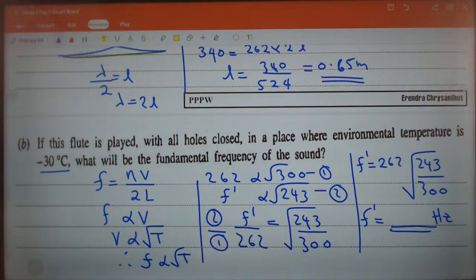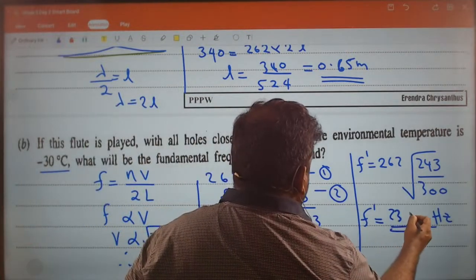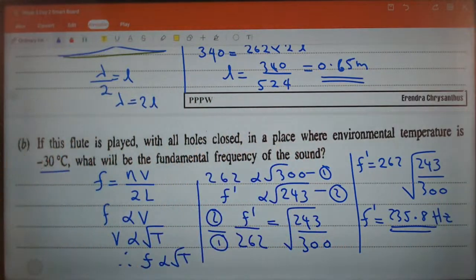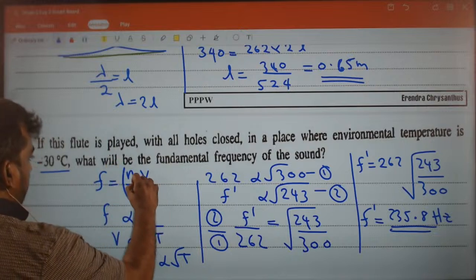The square root of 243 divided by 300, multiplied by 262, so 235.8. So length and harmonic number won't change.